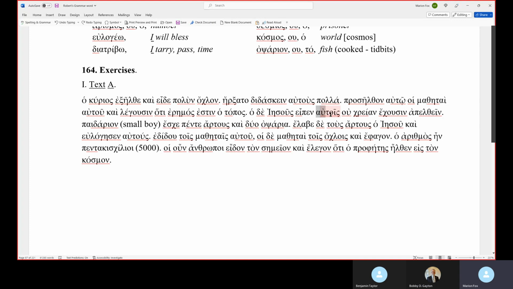He said to them, they need not go away, to depart. Right? Okay. Any question there? Okay. Down to there, if you would, Bob. Not Bobby. Bobby was last. Okay. Benjamin, please.